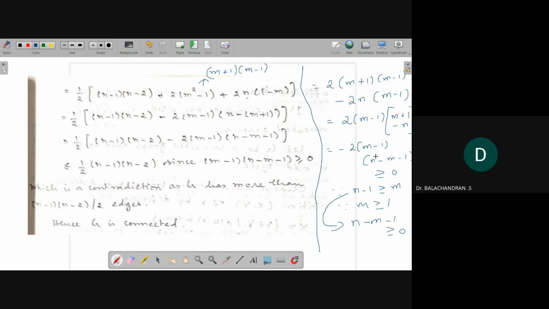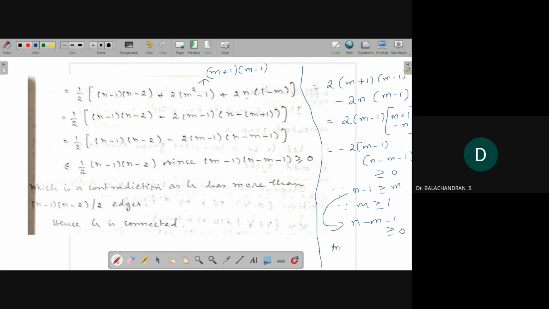But here we have a negative sign. What I want to tell is that this quantity is positive. Which quantity?